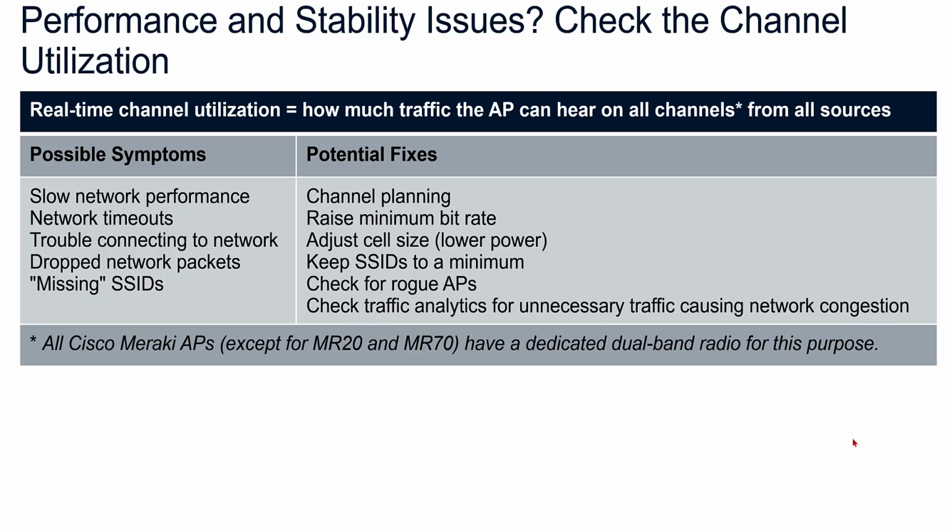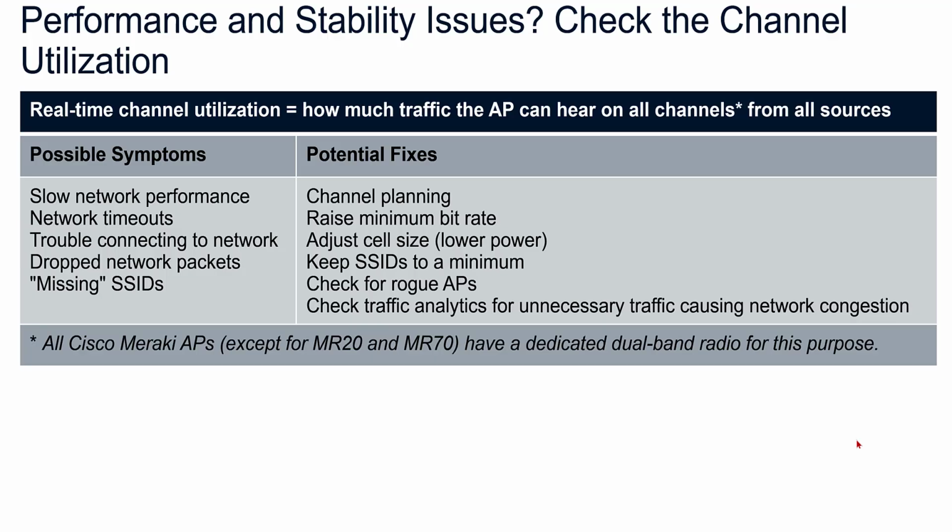Remember, Wi-Fi, and we talked about this in one of our previous modules, is half duplex. It's contention-based. Only one device transmits at a time per channel. All right? So if the utilization is high, that means more waiting, more back-off timers, more retransmissions, and that result is going to be slower performance even if you have a perfect signal.